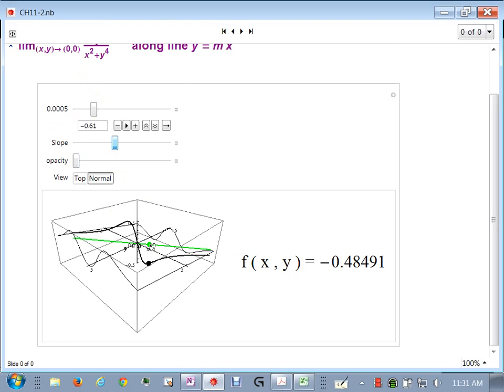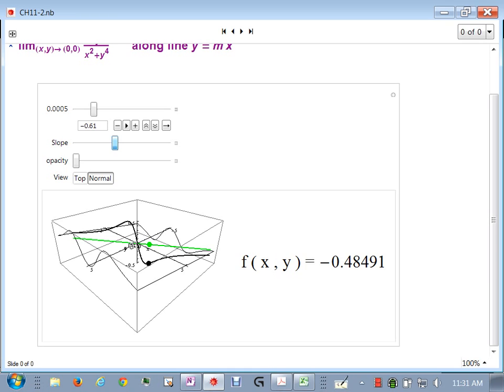Now look, check this out. This is kind of crazy. Remember, this is our line in our domain, and the black is the function, right? Look what's happening as we approach 0, 0. On this side, the graph dips down, then it comes back to the origin, doesn't it? On this side, it's above the green line, then dips down. So it looks like when we approach the origin from both sides on that line, our function is headed to what? 0.